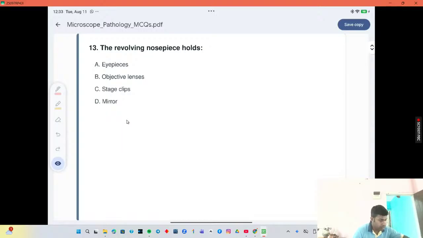Question number 13 is the revolving nose piece holds. The revolving nose piece of the microscope holds the objective lens. So, what does a revolving nose piece hold? It holds the objective lens.